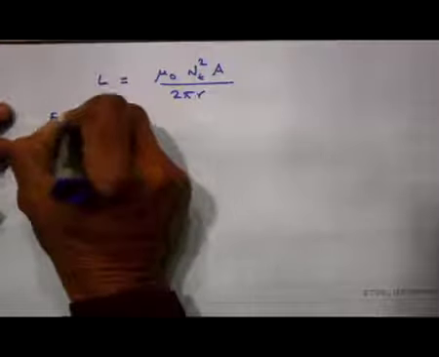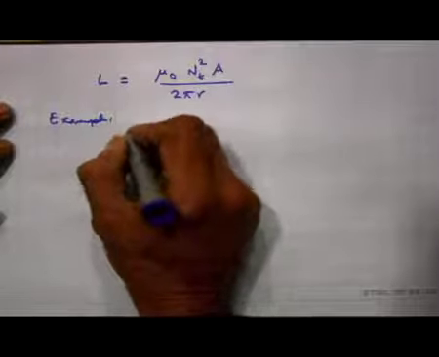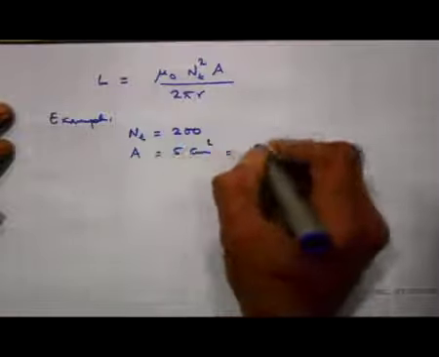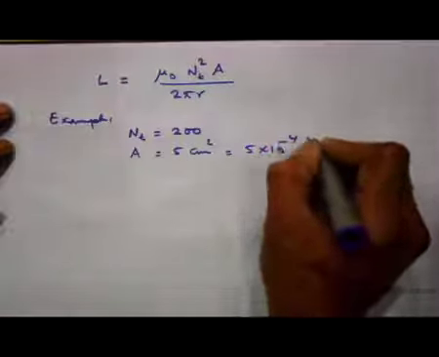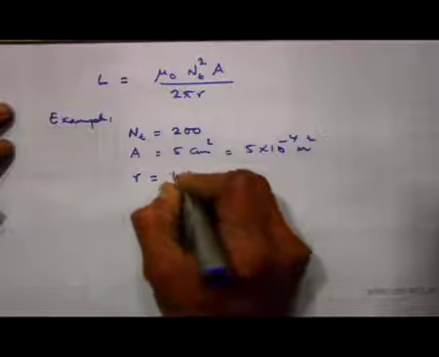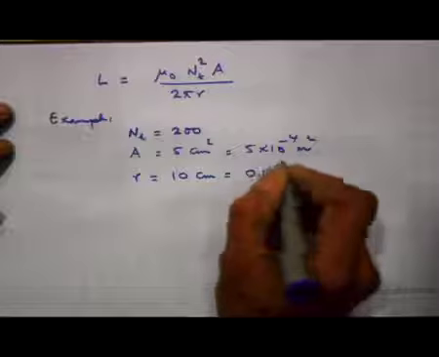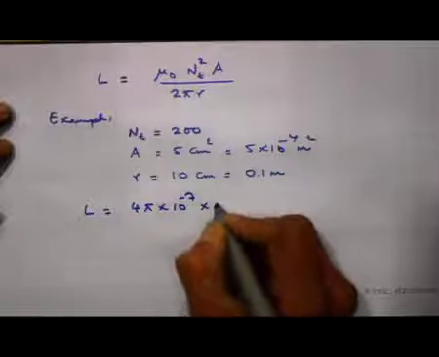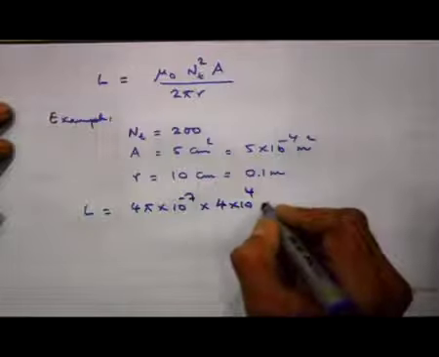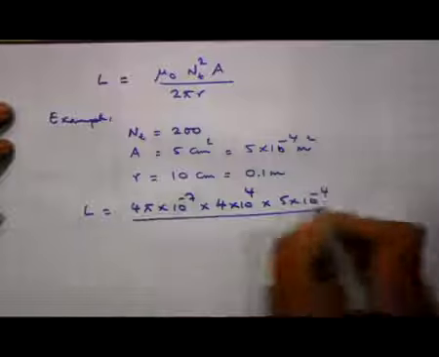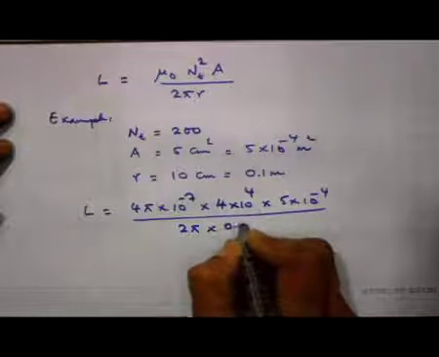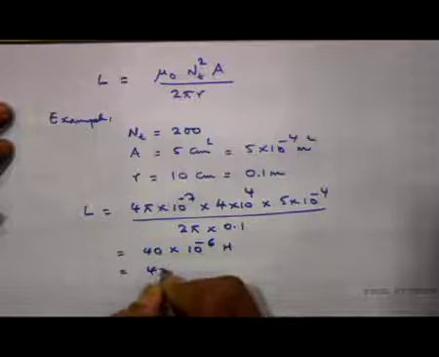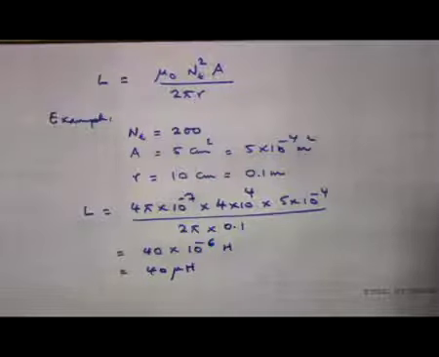So, as an example, let me take the total number of turns as 200, an area of 5 centimeter square, which is 5 into 10 to the minus 4 meter square, an average radius of 10 centimeters, which is 0.1 meters, and so the inductance is 4 pi 10 to the minus 7 into 4 times 10 to the power 4 nt square into area 5 10 to the minus 4 divided by 2 pi times r, which is 0.1, and if you substitute all this, you will get 40 times 10 to the minus 6 Henry, which is equal to 40 microhenry. 10 raised to minus 6 is a micro.